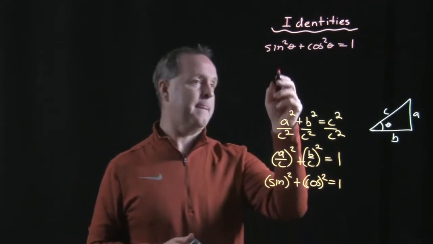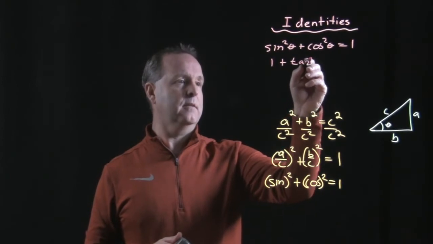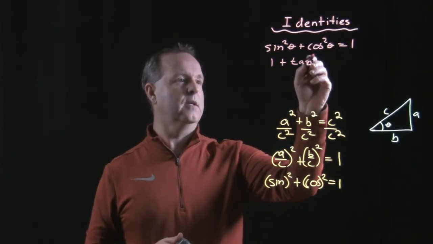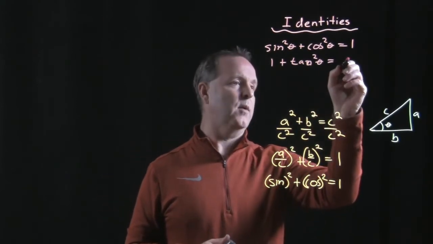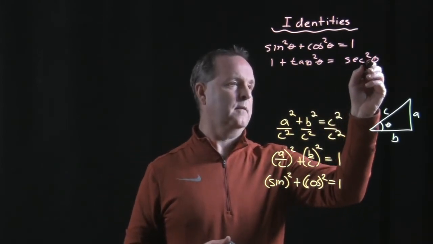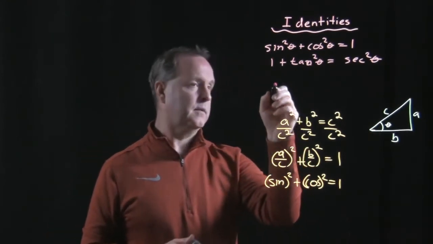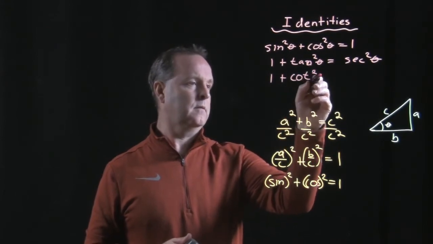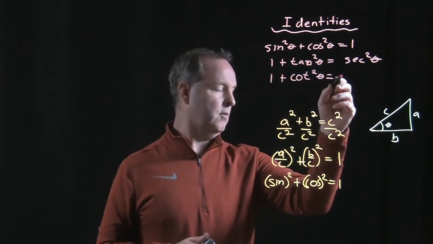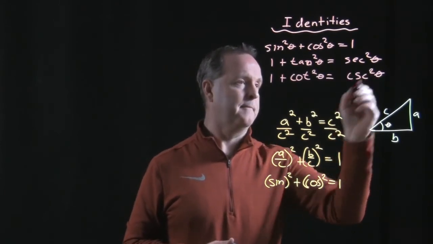With that, 1 plus tan squared of theta equals secant squared of theta. And then lastly, 1 plus cotangent squared of theta should equal cosecant squared of theta.